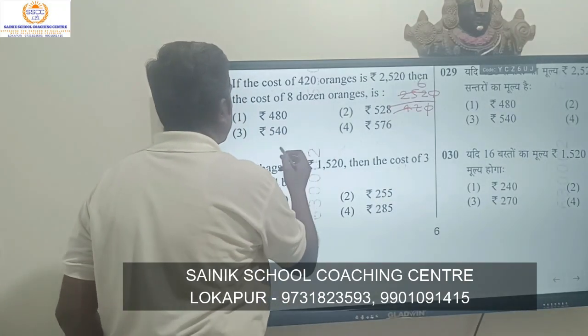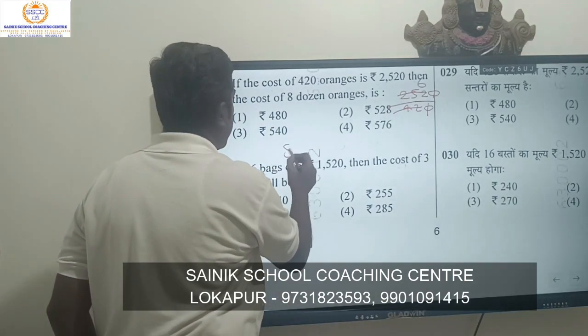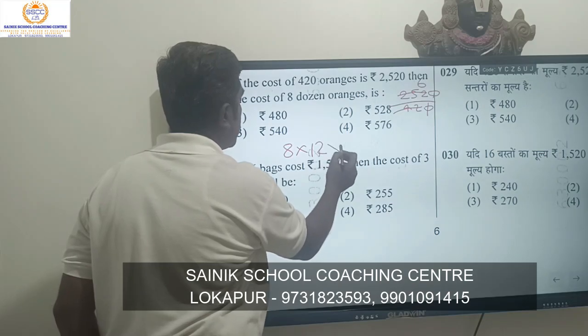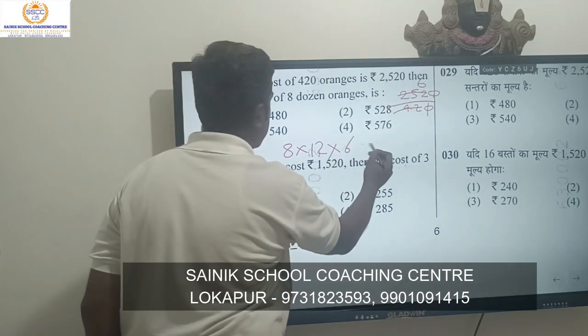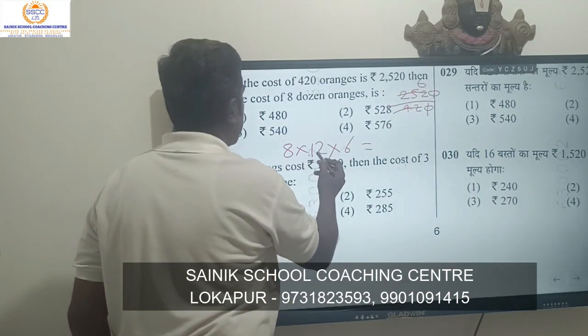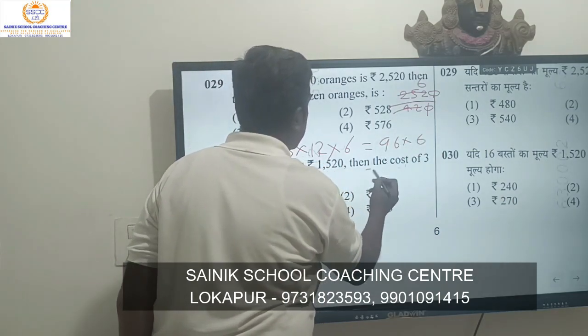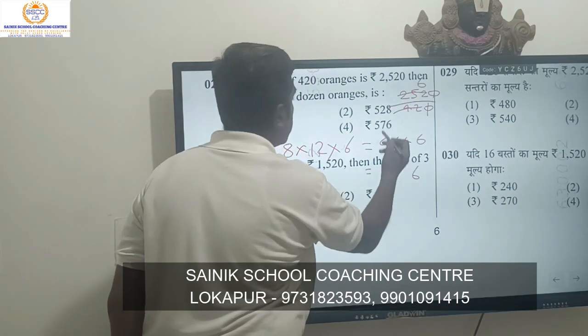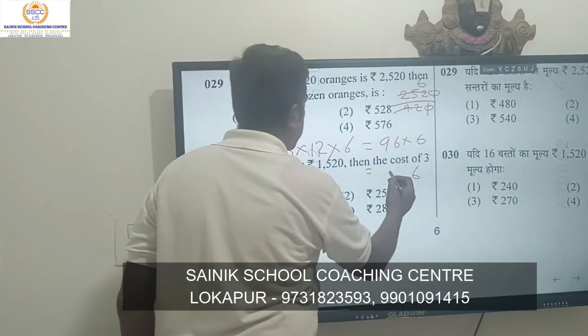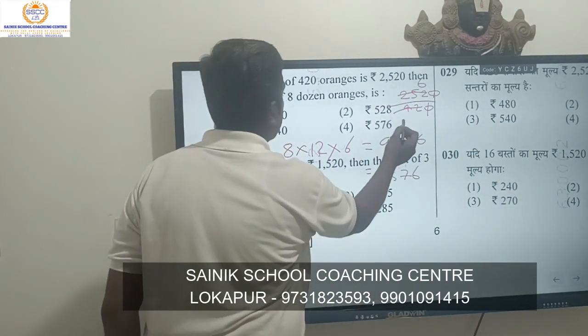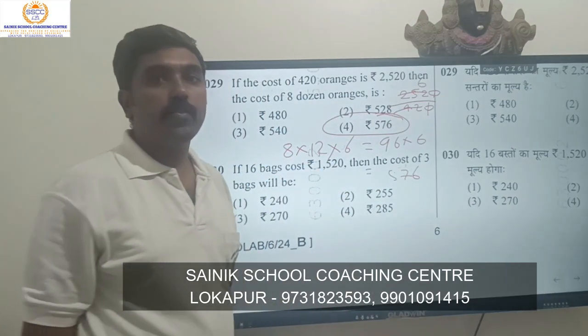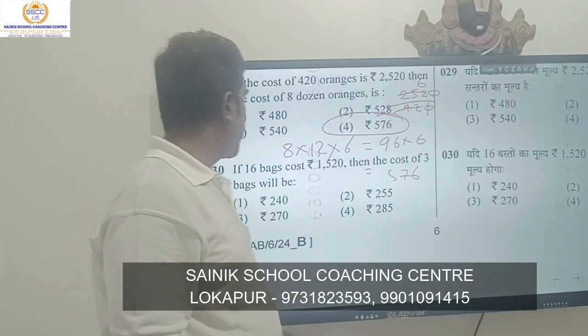Therefore, we have to find the cost of 8 dozen. 8 dozen means 8 into 12 oranges into 6 rupees. So 12 8s are 96 into 6. So 6 6s are 36, 6 9s are 54 plus 3, 57. We have option D, 576 is the right answer.